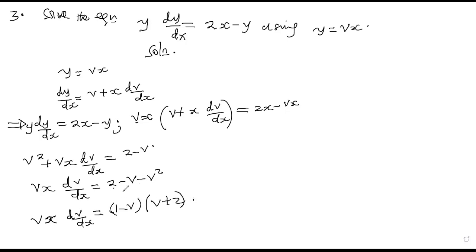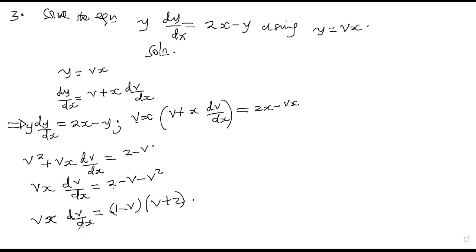You can as well put it on the calculator so that it gives you the factors of this equation, and then you put them there. So it would mean that after having gotten this equation, we have vx dv/dx equal to this. So now I want to separate the variables.